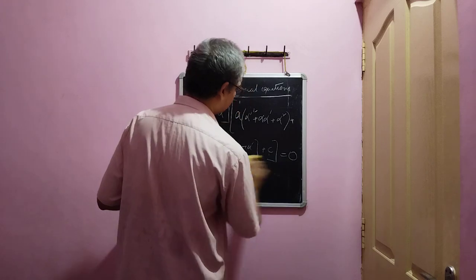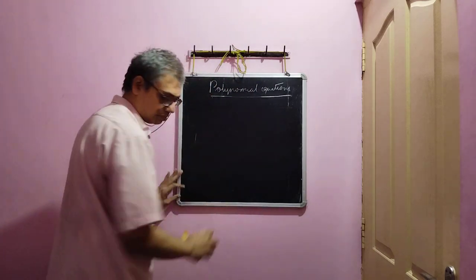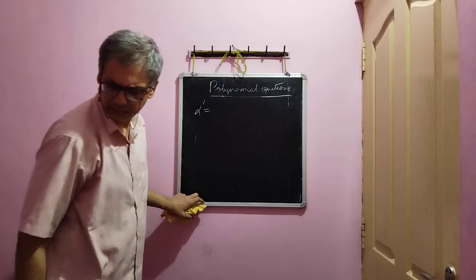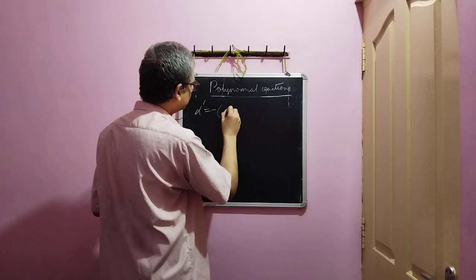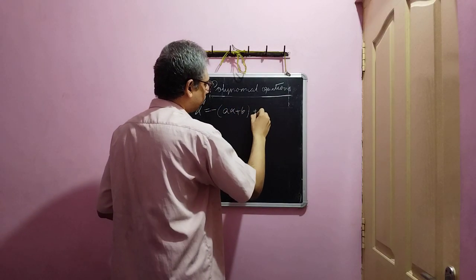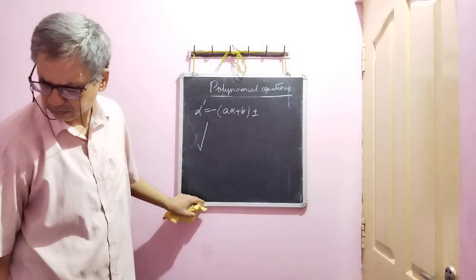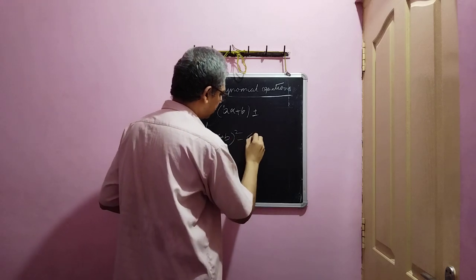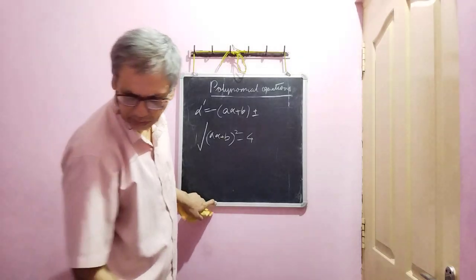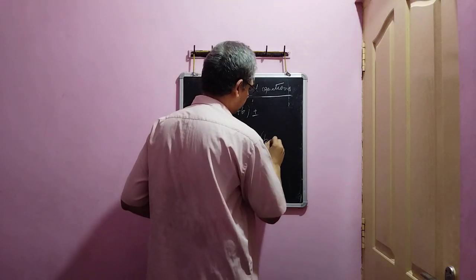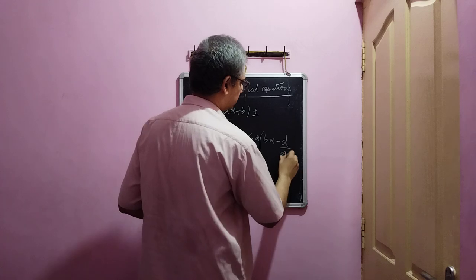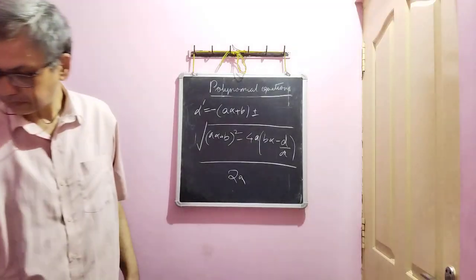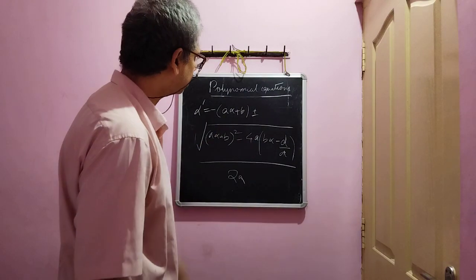So the final solution for this will be alpha dash equal to minus (a alpha + b) plus or minus the square root of (a alpha + b)^2 minus 4a times (b alpha minus d by a), the whole divided by 2a.